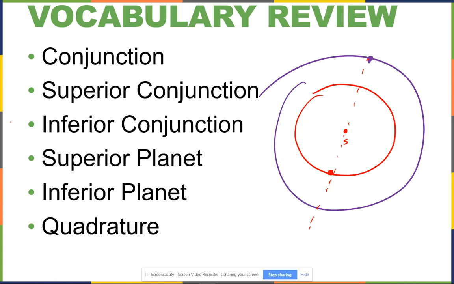It's a superior conjunction because it's the farther of the two possible conjunctions. The inferior conjunction is on that same line, but it's the closer of the two. It's the one on the side before you get to the sun instead of the side after you get to the sun.